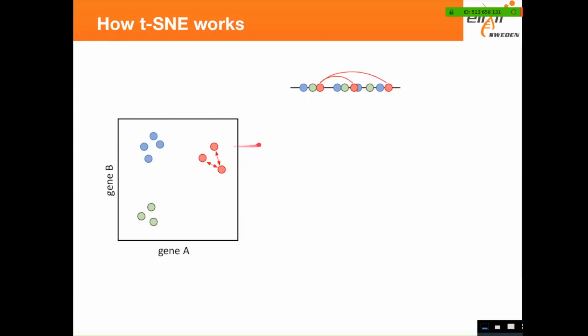And if you measure, for example, the distance between the red cells here and the red cells in here, you see that they are quite different. This is quite big compared to the original space, right? So this is a bad embedding, let's say, a bad representation of your data. By means of those distances that I was mentioning in the previous slide, those distances are actually measured as Kullback-Leibler divergence.